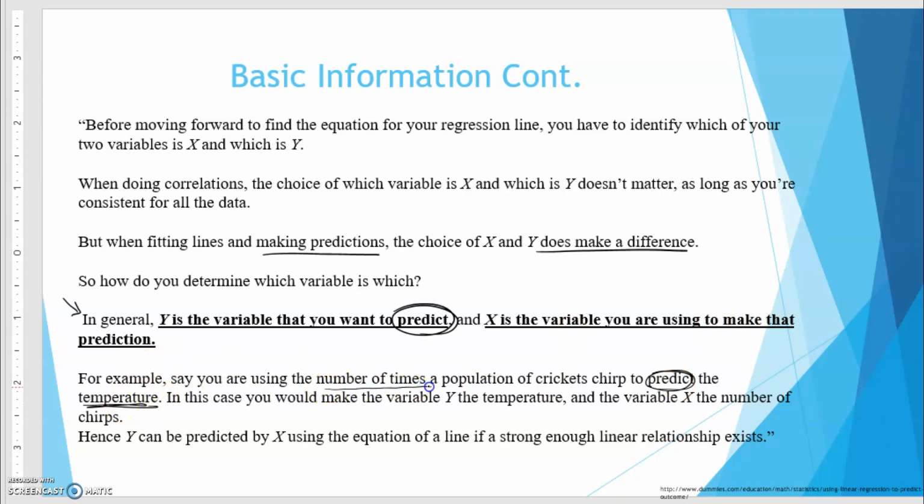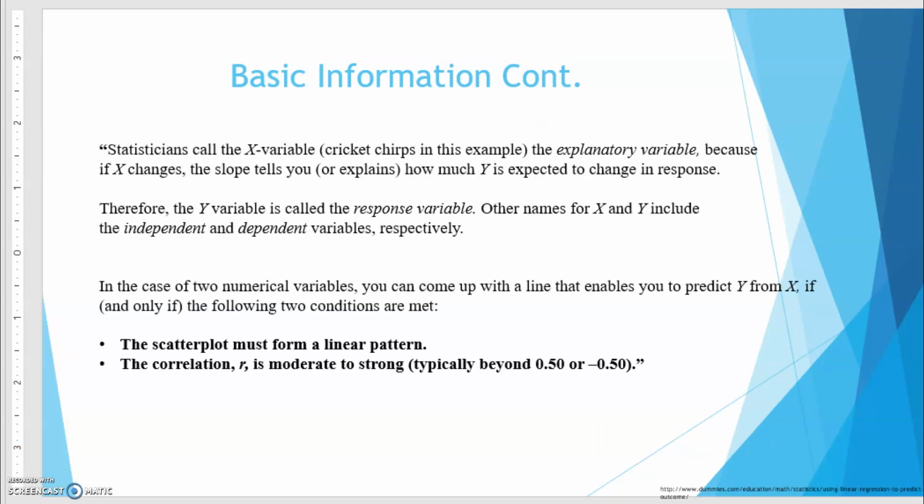Well, the number of times a population of crickets chirp. And the x variable will be the number of chirps. So y can be predicted by x using the equation of a line, y equals a plus bx, if a strong enough linear relationship exists. Well, how strong? I'll show you here.